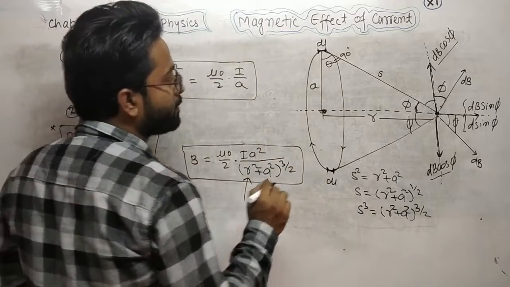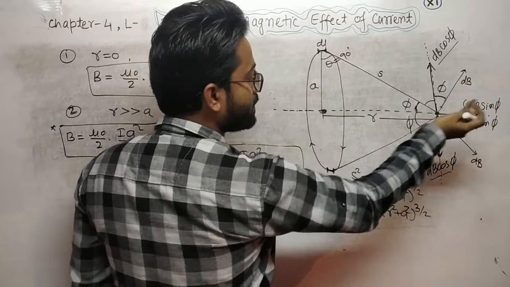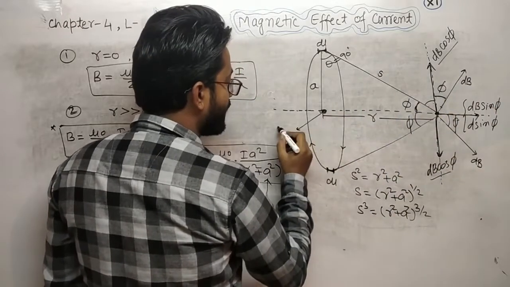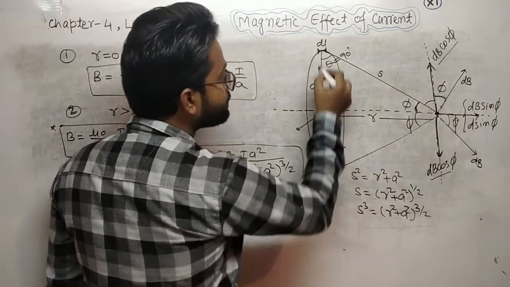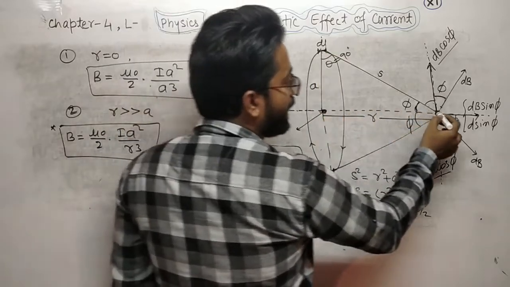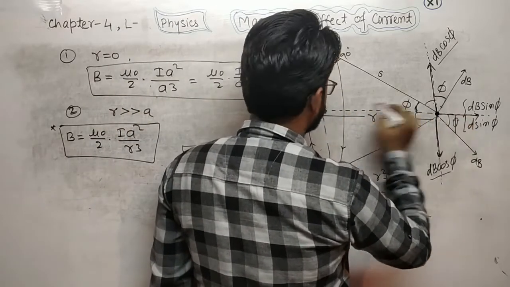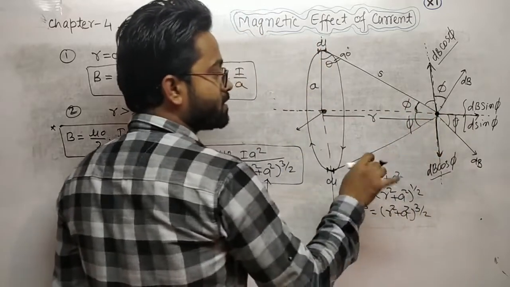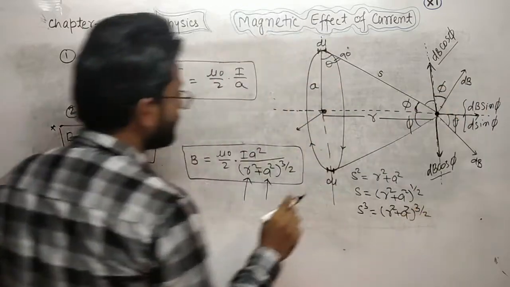And one point is there: if this point is the origin and this is a point on the positive x-axis, that means the net magnetic field will be in this direction.